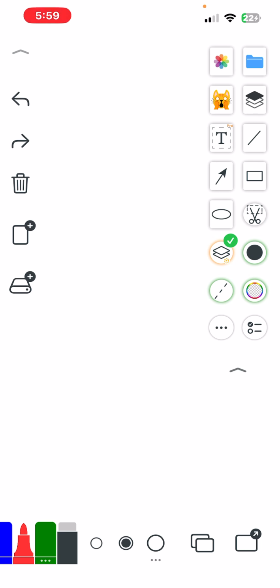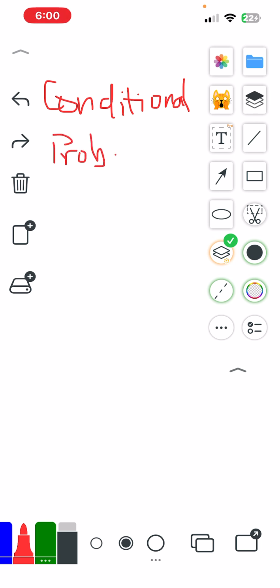Okay, so this is conditional probabilities. Now, when it comes to conditional probability, this has to do with two events where one has already occurred, one has happened.